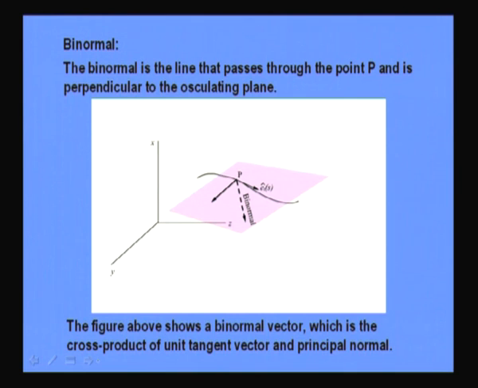The binormal is the line that passes through the point P and is perpendicular to the osculating plane. So if this is the osculating plane, then the binormal is downward, perpendicular to the plane. This is shown here. The binormal is basically the cross product of the unit tangent vector et(s) and the principal normal. It is a cross product which will be perpendicular to both these vectors.